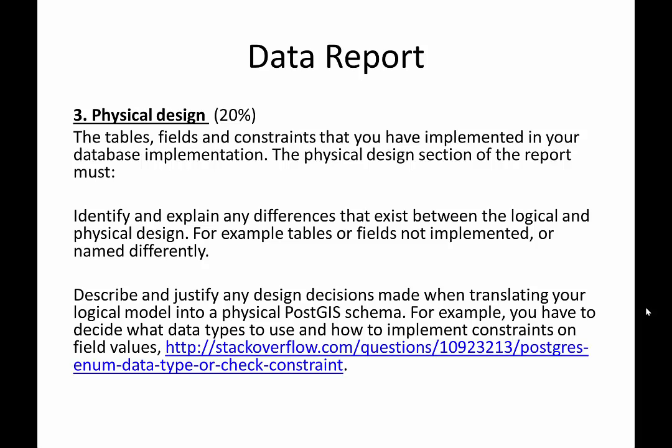But in your report you also need a physical design section that lists the various fields. For each table in your database, you'd have the name of the table, a definition of what the table is about and contains, a list of the fields, a definition for each field, and the data type for each field, and any explanatory descriptive text that you might need with it.